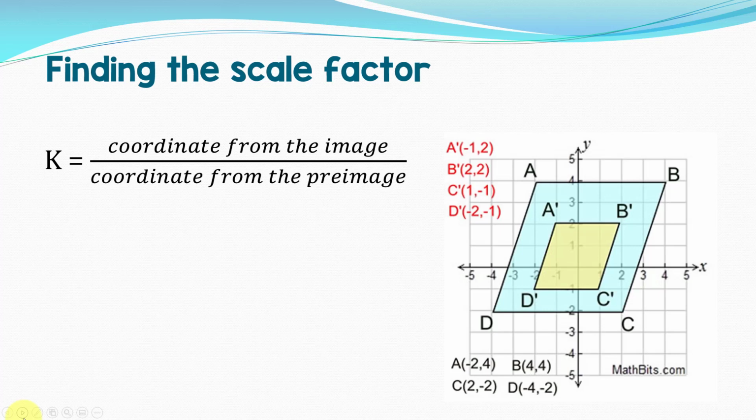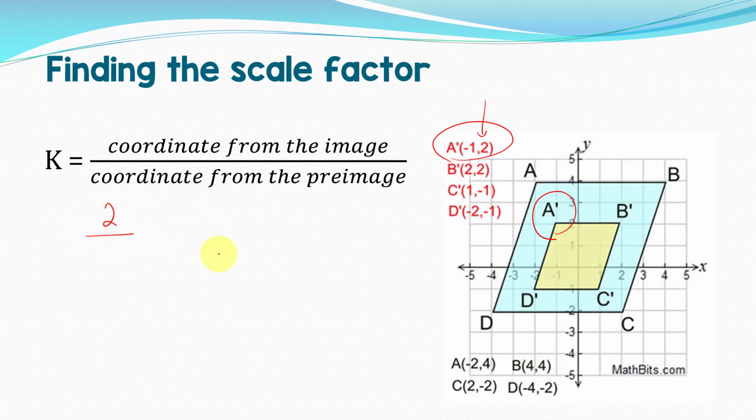Okay, here, how do we find the scale factor? You simply take a coordinate from the image and divide it by the same coordinate of the pre-image. So in this case, let's just take this point A. It is -1, 2 in the image. So we'll just take the y-coordinate, 2.